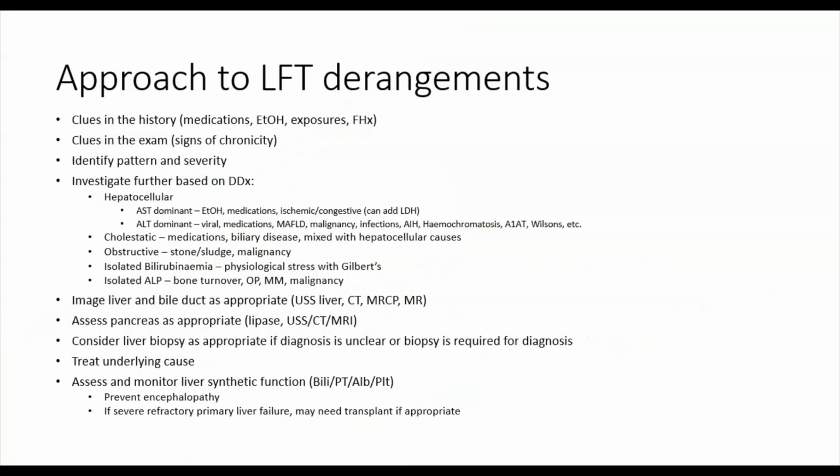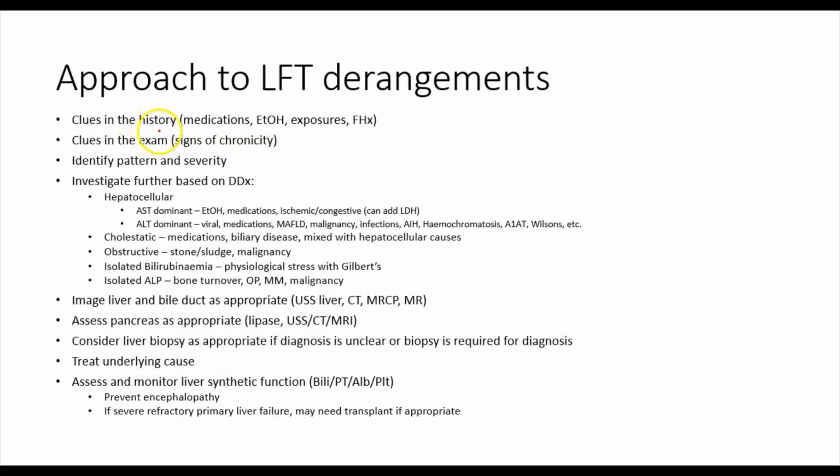So to put everything together, I want to go through an approach to LFT derangement. As with everything in medicine, it's very important to take a good history and do a good physical exam because there are oftentimes many clues in the history.